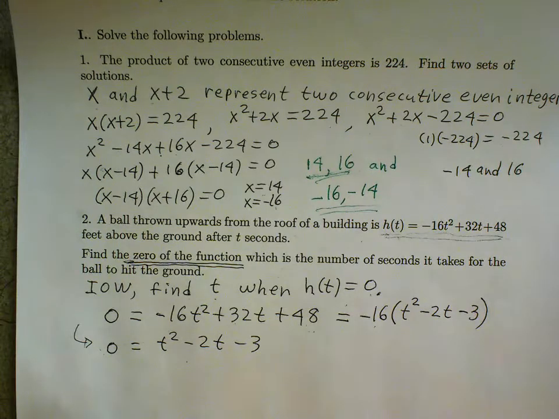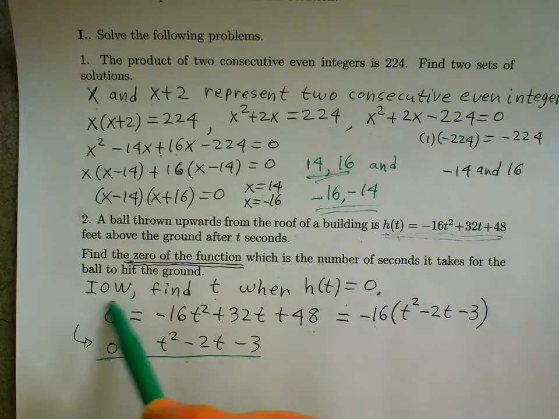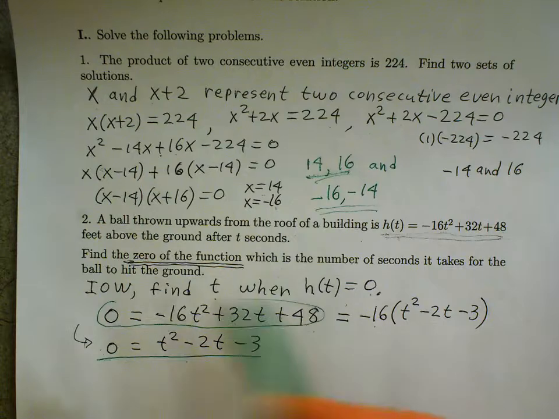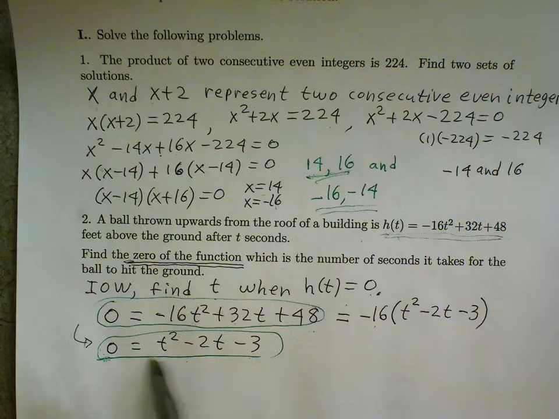So you might agree that looking at this equation, 0 equals t squared minus 2t minus 3, looks less intimidating than the equation above it. The solutions to both of those equations are the same, but in the one on the bottom we have gotten clutter out of the way, so this will be easier to work with.